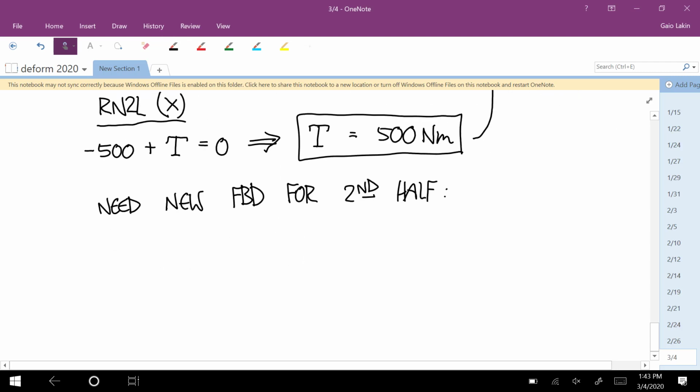So this time a representative free body diagram has to go past the roller. Okay, we're still skipping some of the beam.